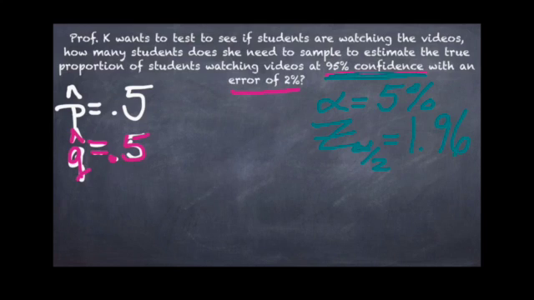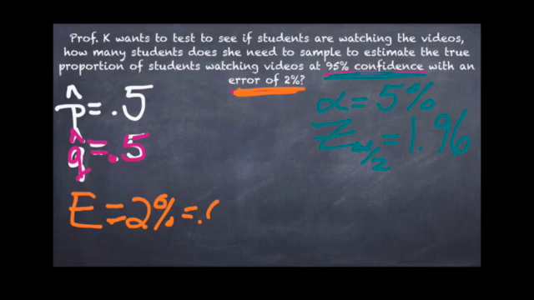The next thing we have is our margin of error is 2%. So that means our E is 2%, which translates to 0.02. Okay?